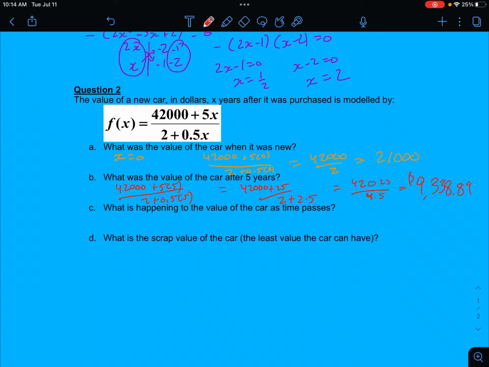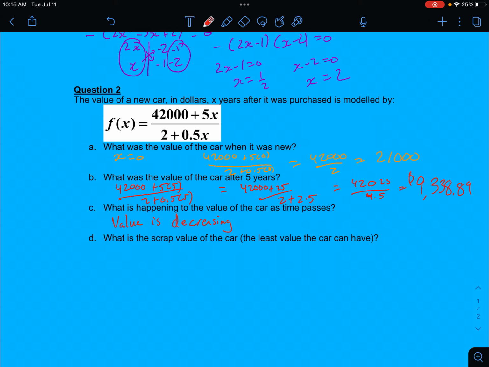So what is happening to the car as time passes? Well, its value is decreasing. And obviously, because we're dealing with a car here, the least value we can have is 0, because that's what would normally occur.